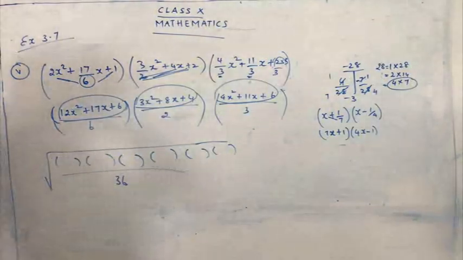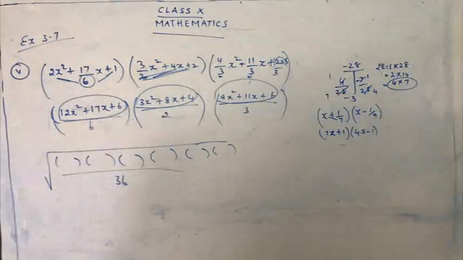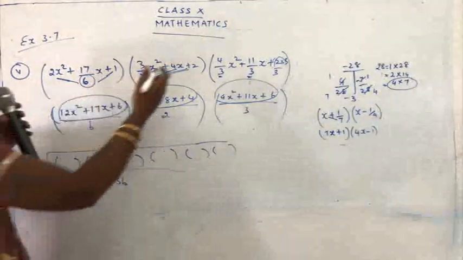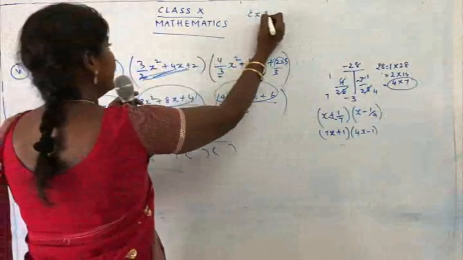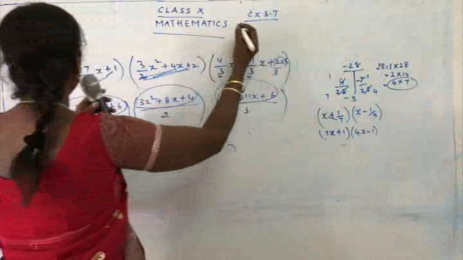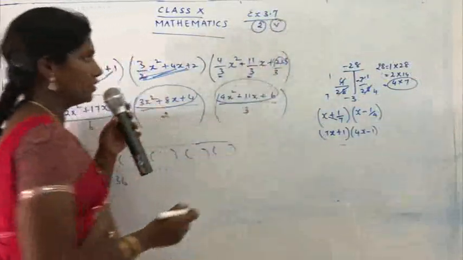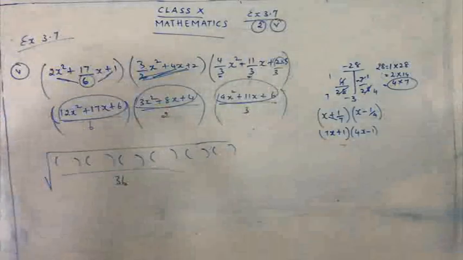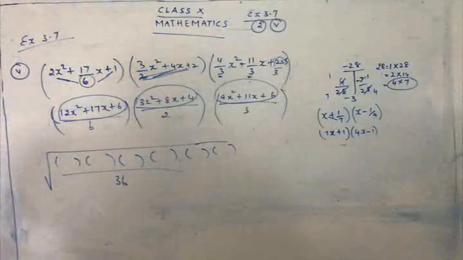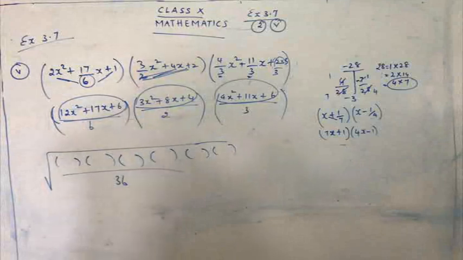So you can try out the fifth subpart as homework. Take down the homework. Do not miss your homework questions. Exercise 3.7, question number 2, fifth subpart is your homework.